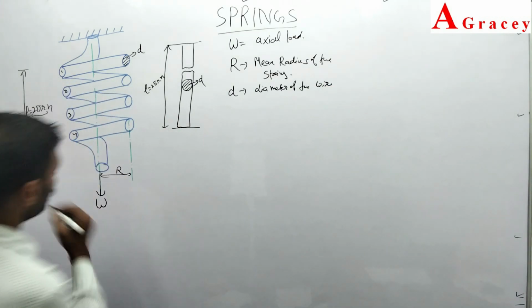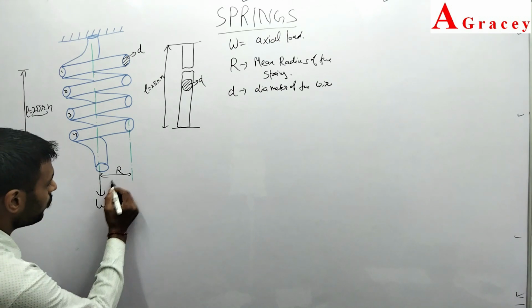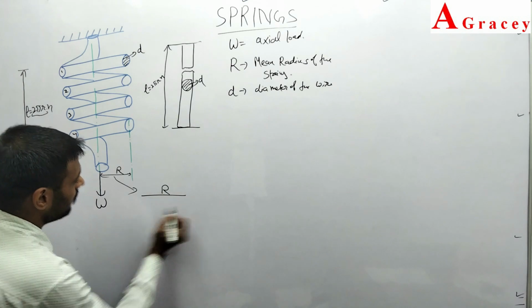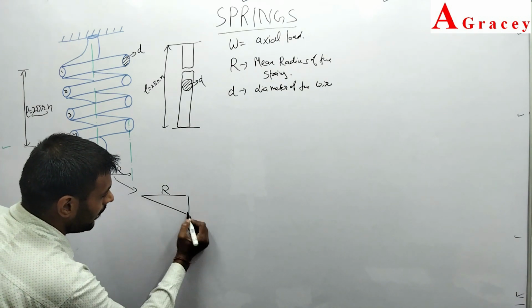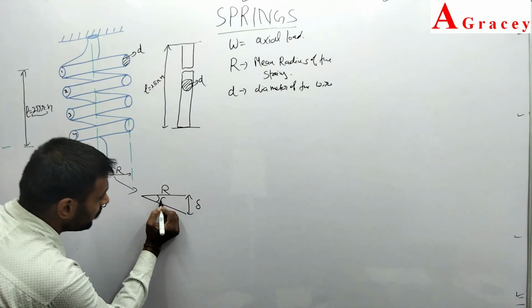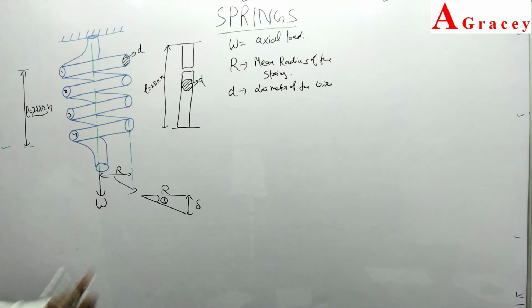And due to the loading condition, I'm plotting a large view here. This is R. With respect to R, due to the loading condition, a deflection delta is measured, with an angle of twist theta after the loading condition. Is it clear?